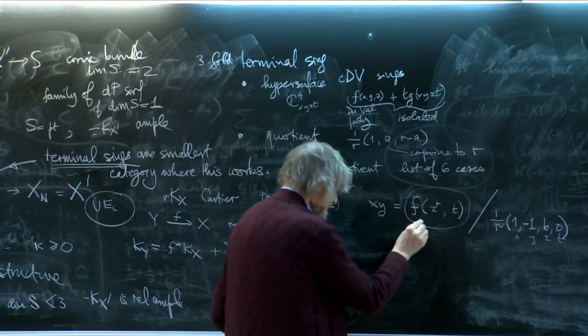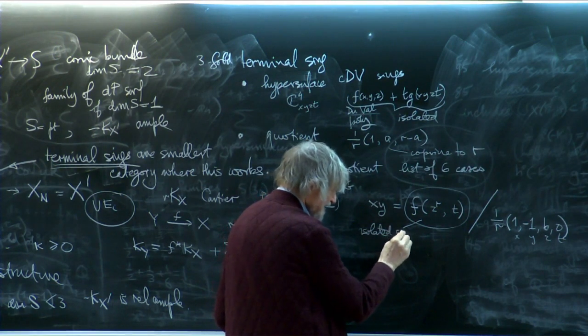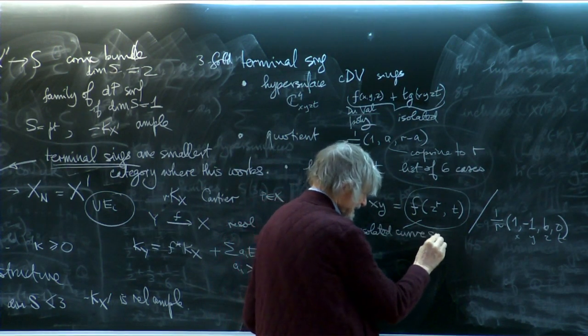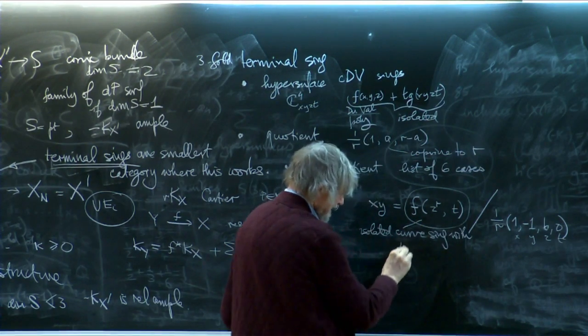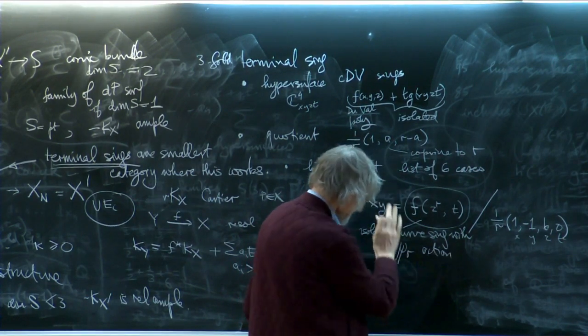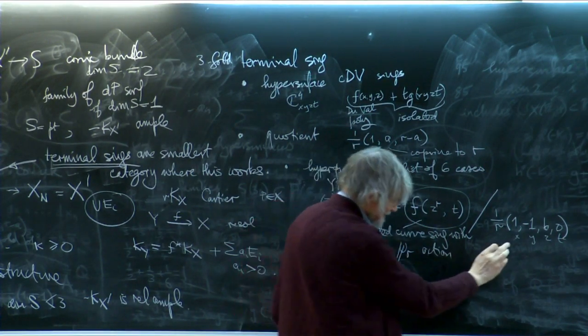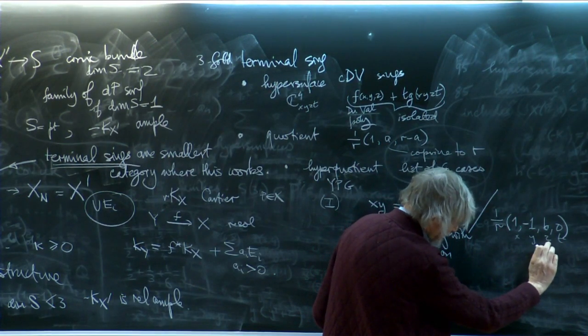So from the point of view of the curve, this is an isolated curve singularity with a mu_r action. After I've set x and y equal to 0, I'm seeing this kind of orbifold behavior where there are only 2 variables, z and t.